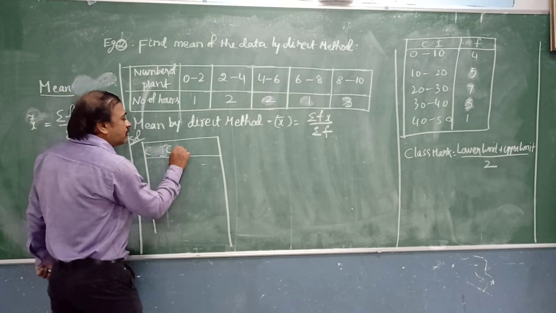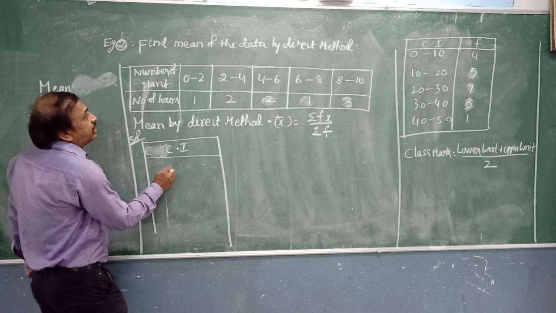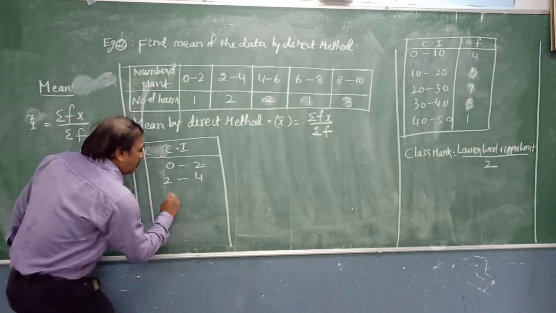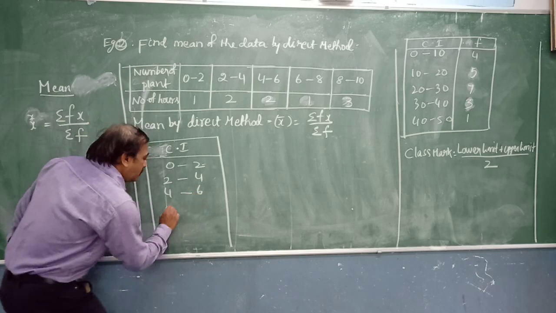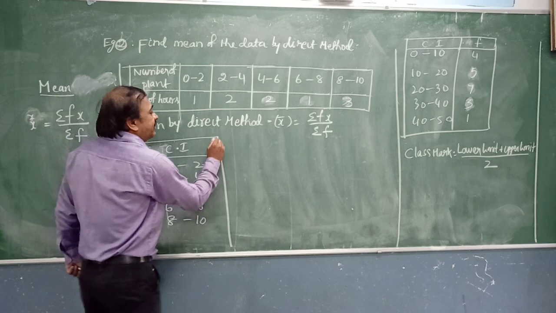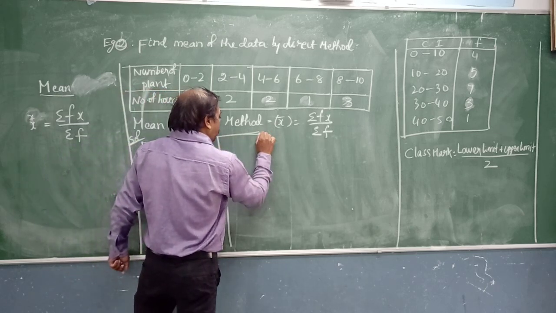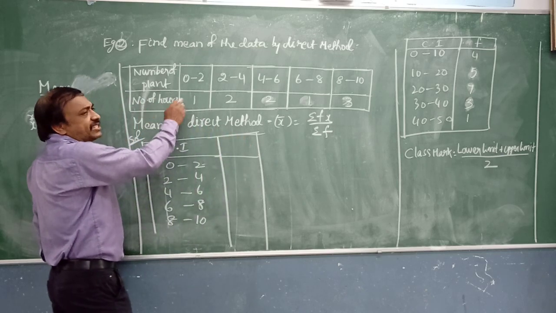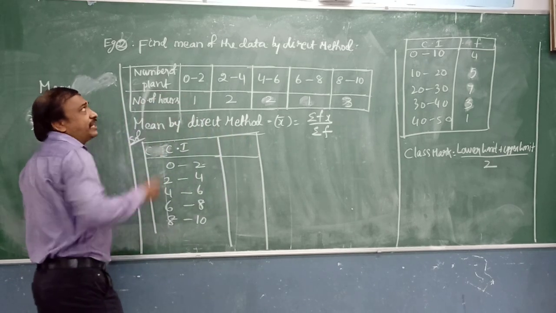Then 0 to 2, 2 to 4, 4 to 6, 6 to 8, 8 to 10. You need to prepare the columns again. Then frequencies, here we write the number of hours. This is some survey, the question is given. Observe it.